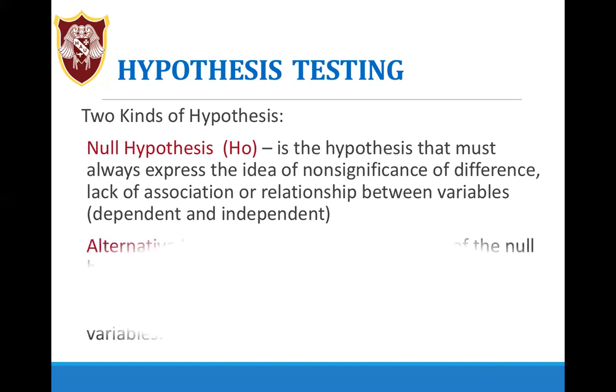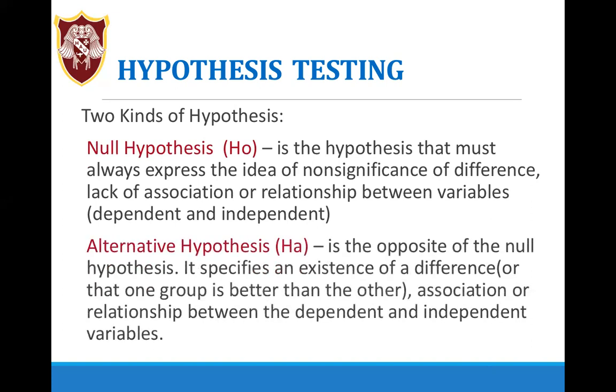And the alternative hypothesis, which is denoted by H sub A, is the opposite of the null hypothesis, for it specifies an existence of a difference, association, or relationship, again, between the dependent and independent variables.